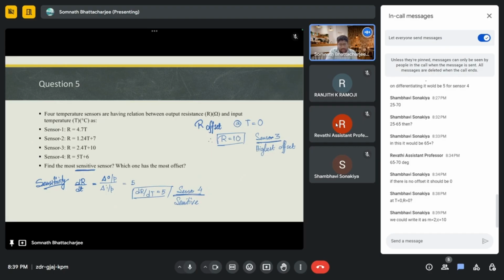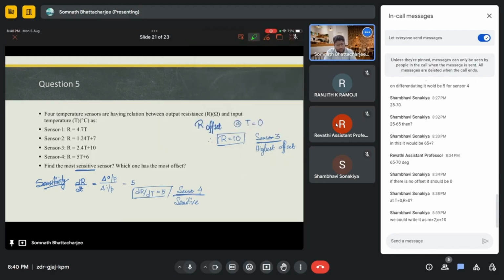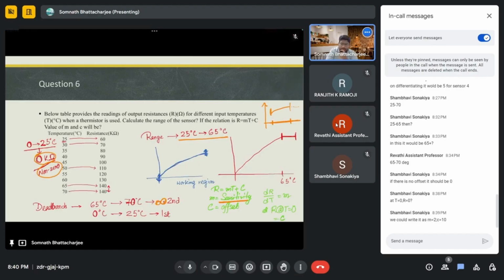Other than dR/dt, we have used this as well: change in output with respect to change in input. Maybe we can use that as well.